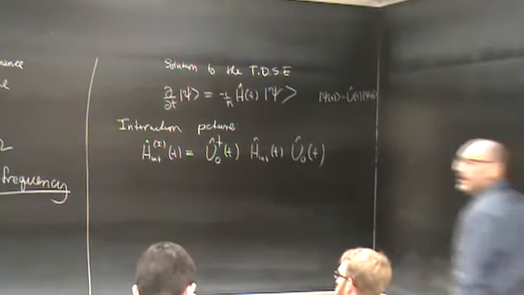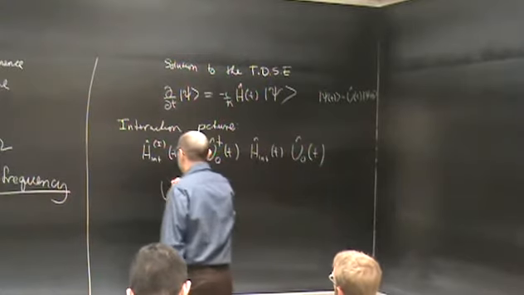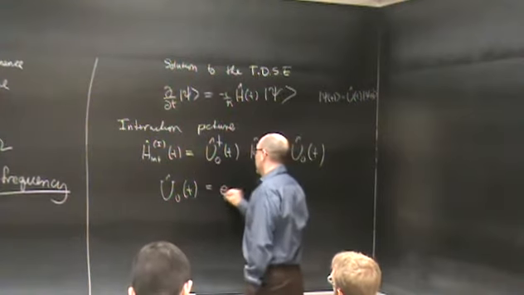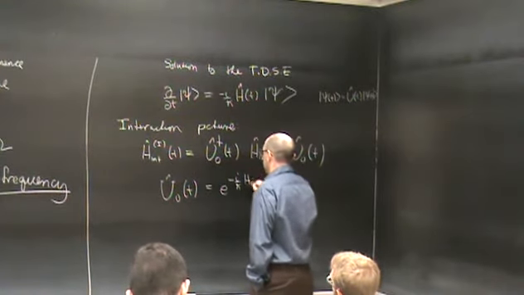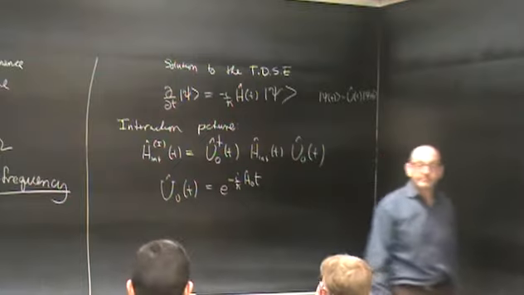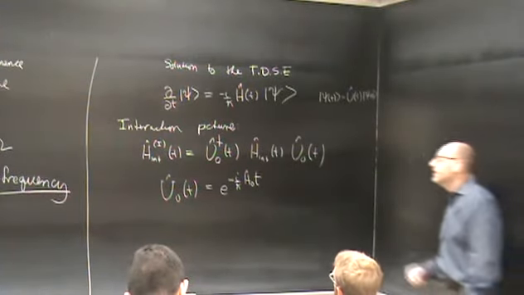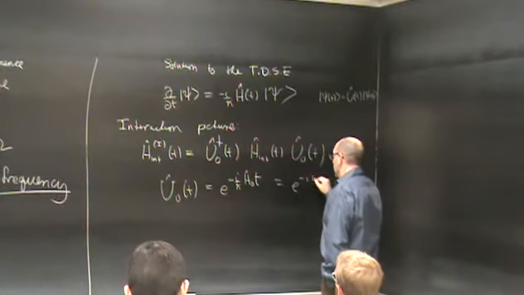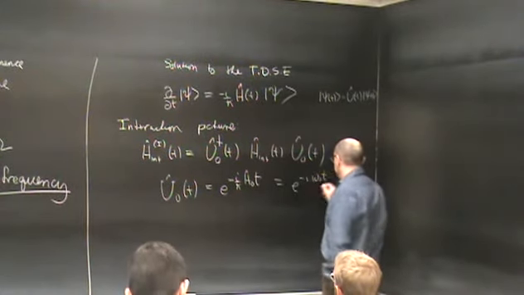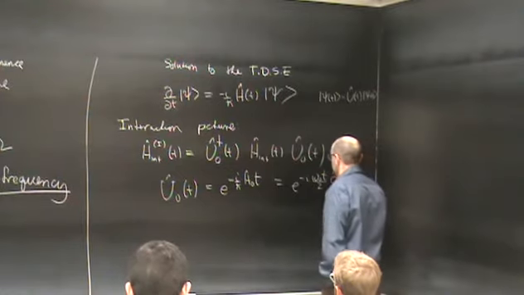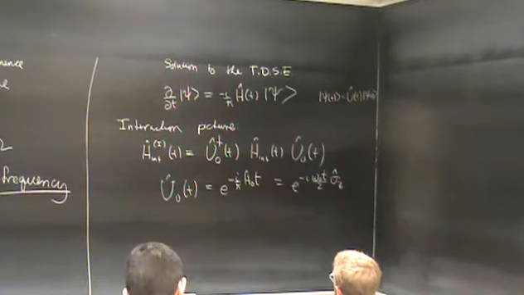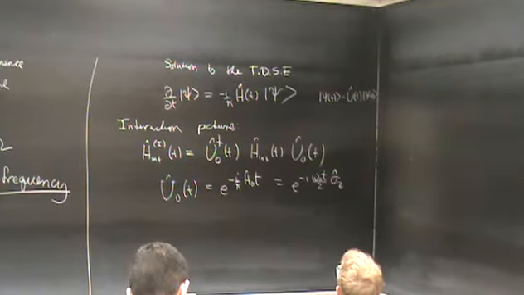And what's U naught in this case? U naught is equal to e to the minus i over h bar H naught t, by definition, right? And H naught is given by sigma z there, right? Now we recognize that. What is that operator U?